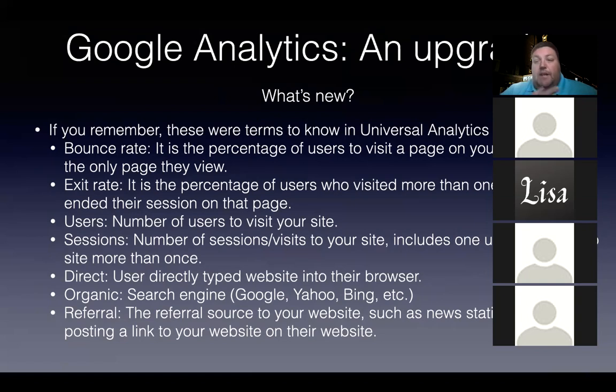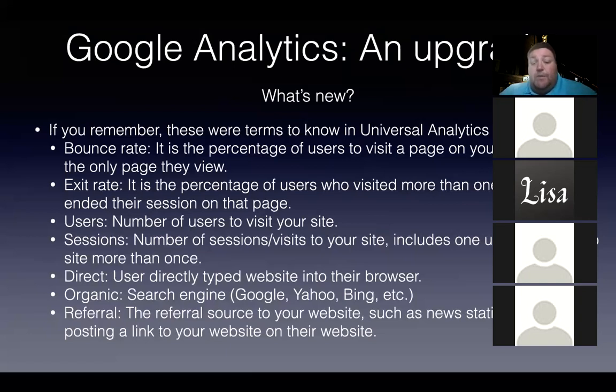Say somebody landed on your homepage, went through your About Us section, or looked at your store. If they clicked off of the store, that would tell you that is an exit rate out of store. Users is the number of users who visit your website. Sessions is the number of sessions or visits to your website, which includes one user visiting more than once.